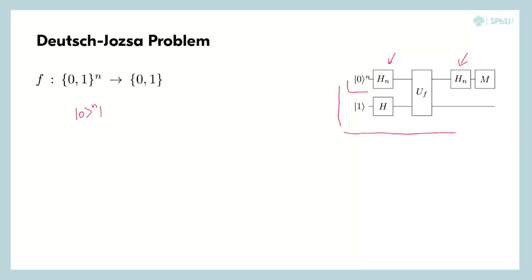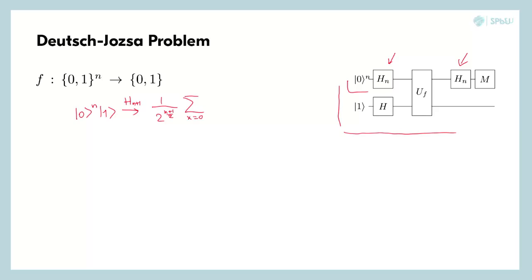We have this state, and we apply the n plus 1 qubit Hadamard transform, which gives us 2 to the power of n plus 1, divided by 2 here. And remember this formula that you proved in the previous week for the Hadamard transform, time to use it.